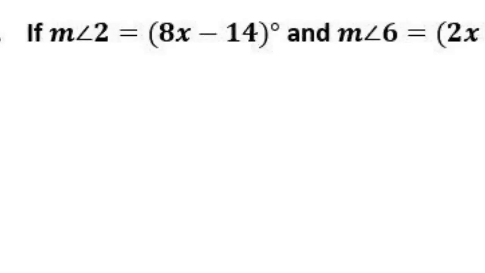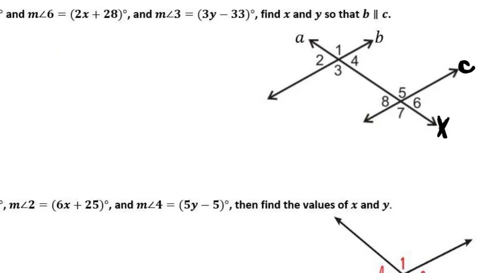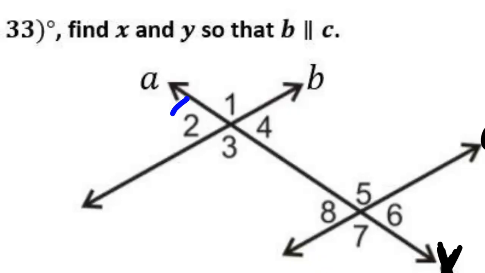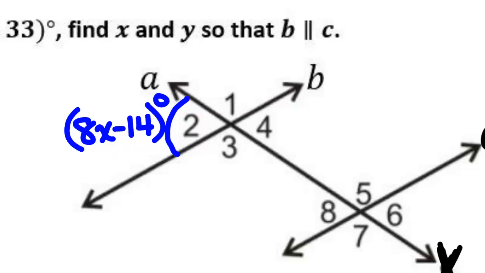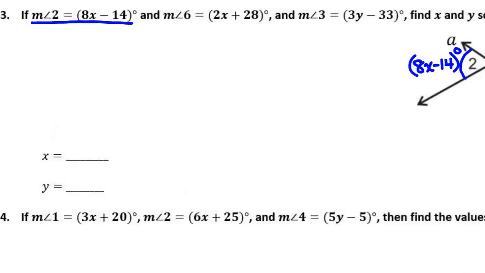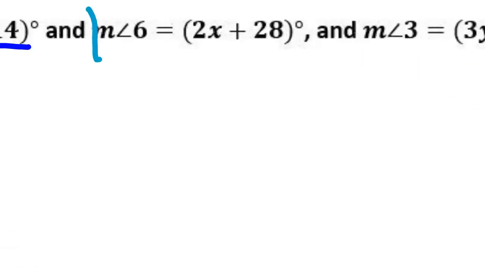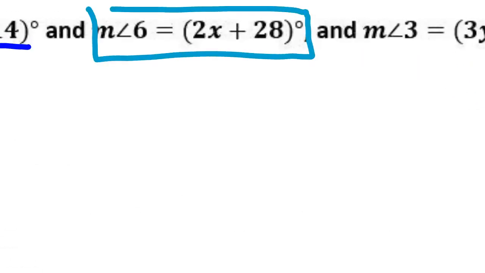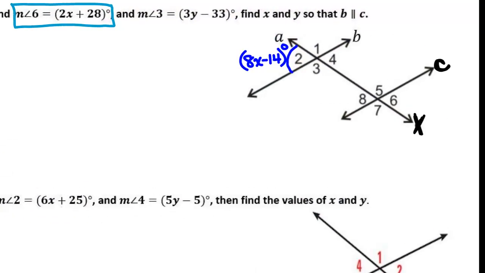All right, measure of angle 2 is 8x minus 14. Angle 2 is right here. 8x minus 14 degrees. And then we have the measure of angle 6, which is 2x plus 28 degrees.